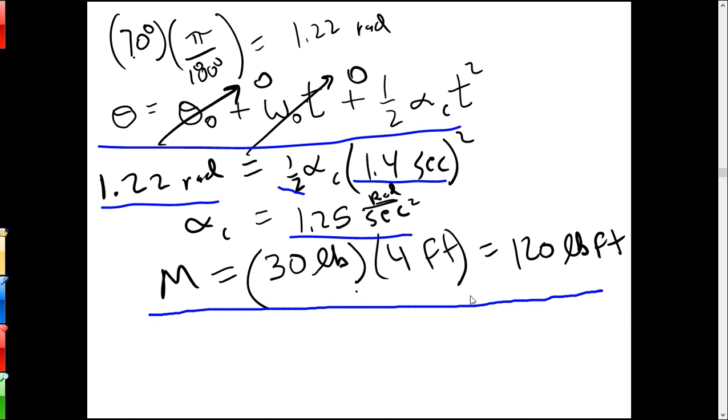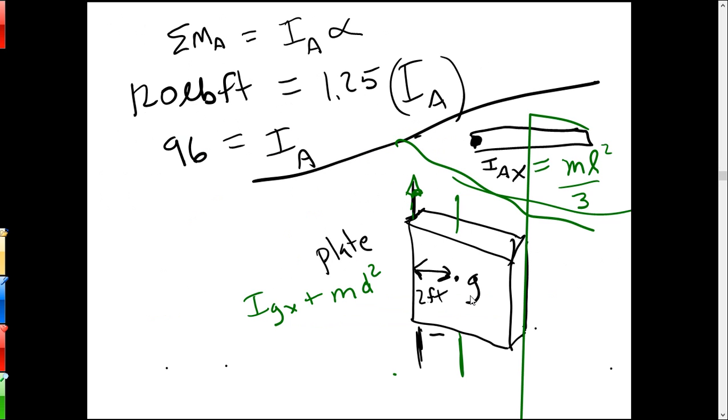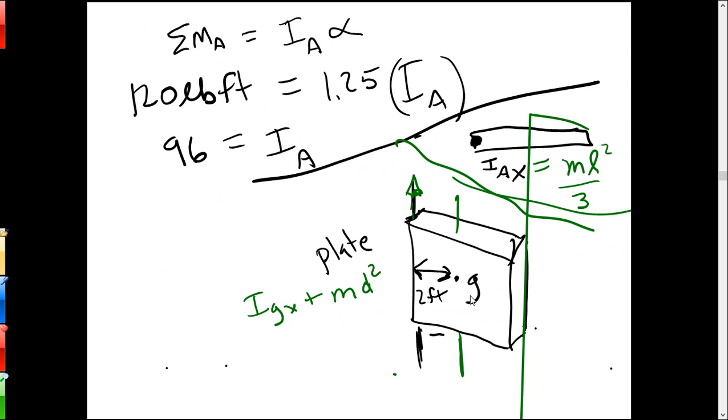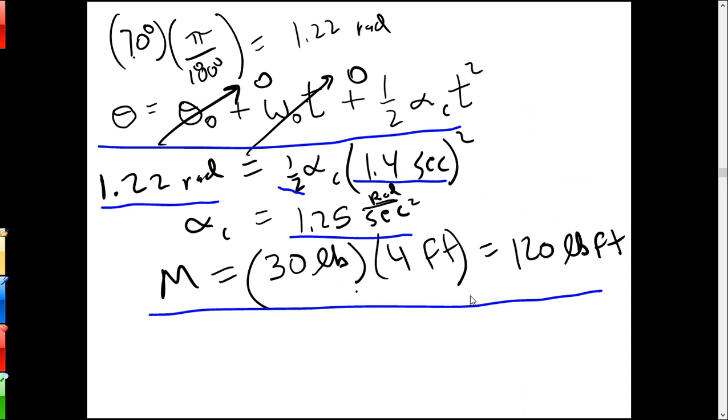The moment then is 120 foot-pounds. So the next thing to do is to find the moment of inertia. All right, so see what you can do on that. You might pause for a minute, then come back. Work on it yourself a bit.